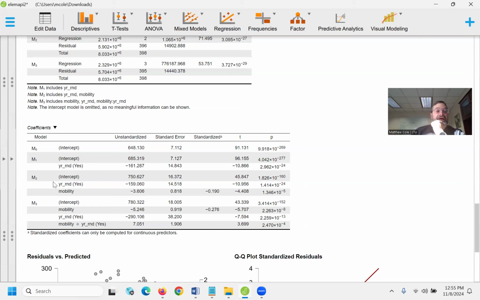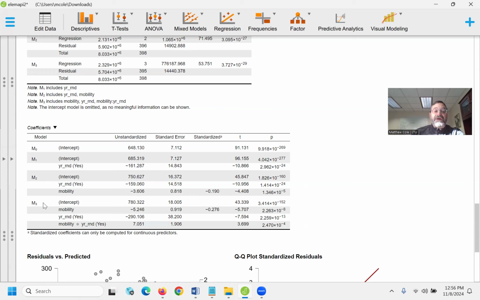And then in model 2, when we added in mobility, now year-round is still significant. It's a beta of negative 159.06, and mobility has a beta of negative 3.61. We see the y-intercept keeps changing because we're adding in more shared variance. There's more things that are predicting academic performance.